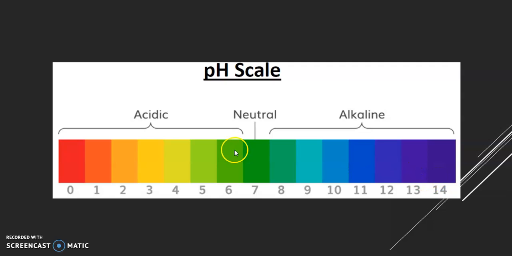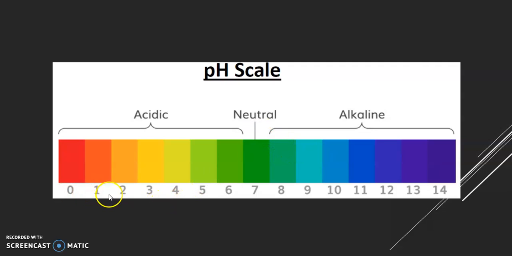By excellence, the best neutral solution is water. Water doesn't really have a perfect 7 value, but for the purposes of this lesson, we're going to think that it does. That'll make calculations so much easier. So, acids go from 6 to 0, 0 being the strongest acid, and bases go from 8 to 14, 14 being the strongest base.